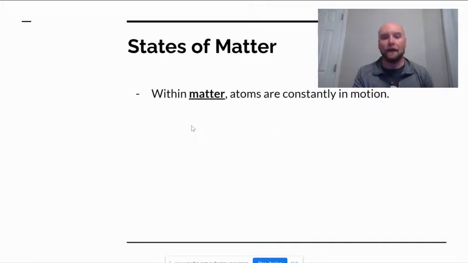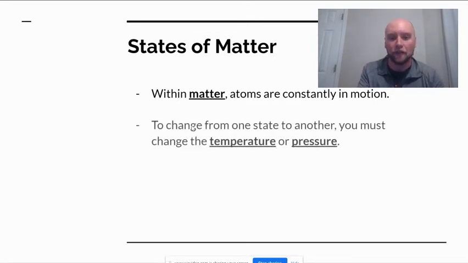Okay, so states of matter. Within matter, let's say within this pen, the atoms that make up this pen are constantly in motion. We can't feel it, we can't see it, but they are constantly in motion. Same thing with a glass of water, same thing with the air around you. They are constantly in motion.